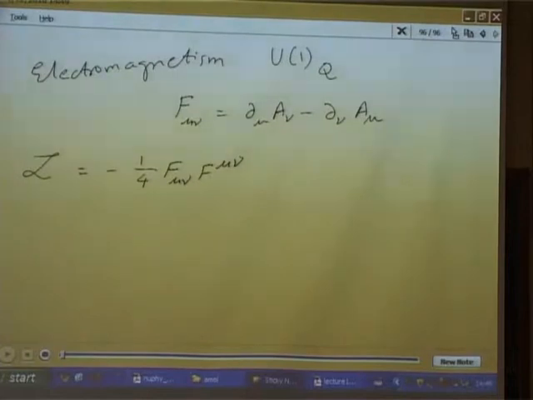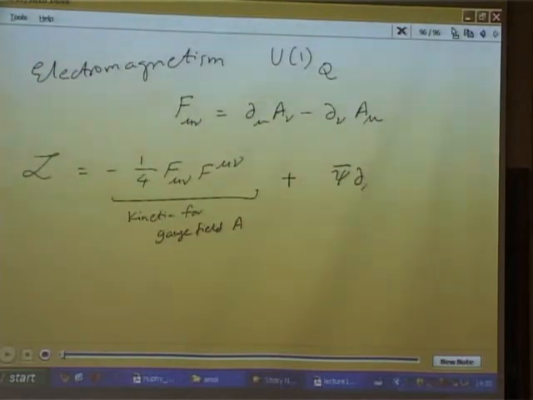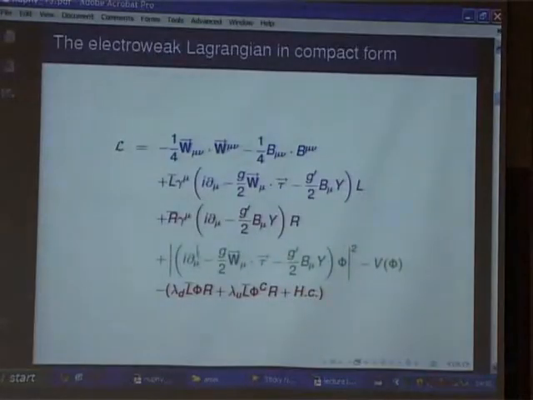This is the kinetic term for the gauge field, where the gauge field here is A. Plus there will be a kinetic term for the fermion, which will be psi bar gamma mu d mu psi.